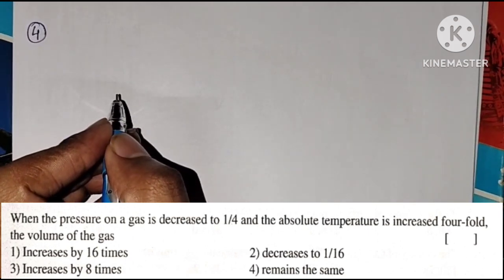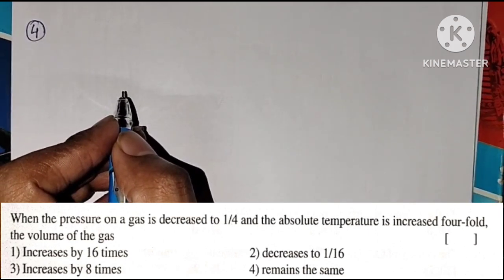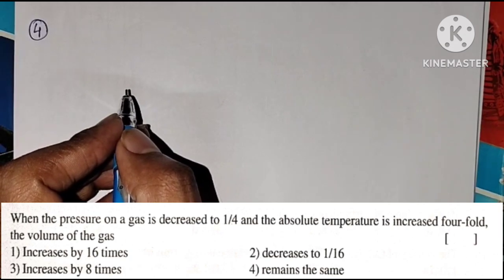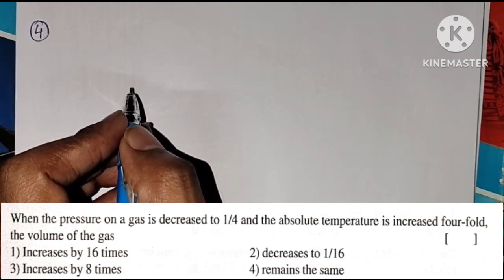When the pressure on a gas is decreased to 1/4 and absolute temperature is increased 4-fold, the volume of the gas is?